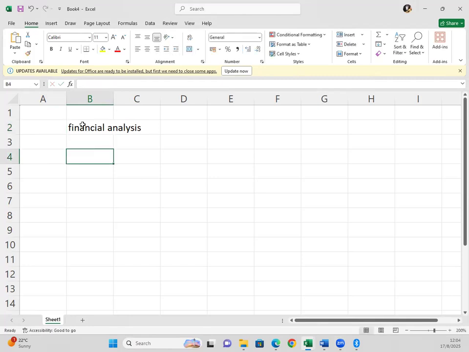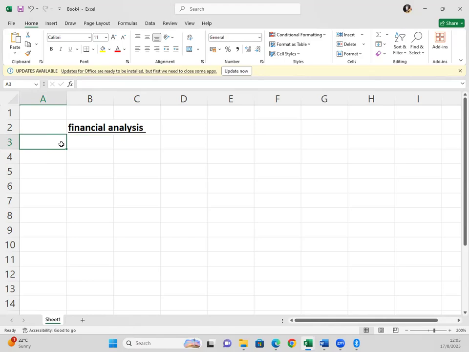The reason behind preparing the financial statements, the reason behind coming up with the income statement, the reason behind coming up with the statement of financial position is so that we can be able to make decisions out of the statement of financial position or out of the income statement. So we prepare accounting records so that we can be able to make decisions concerning the company.